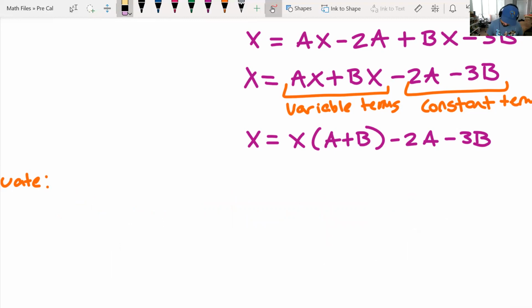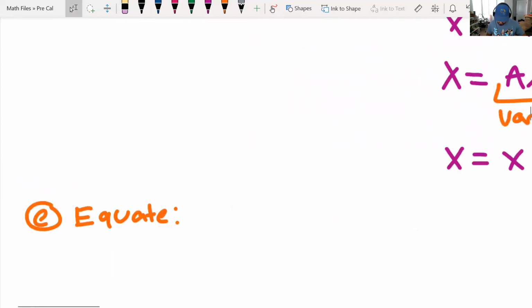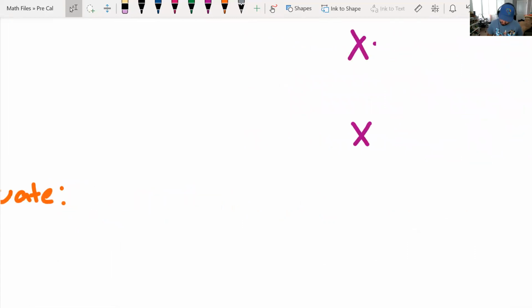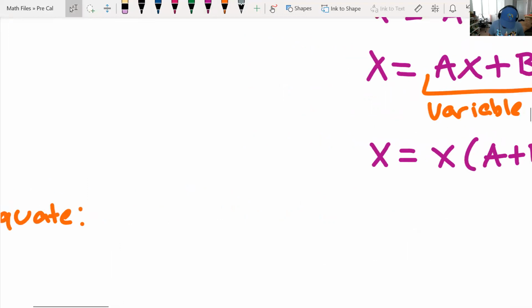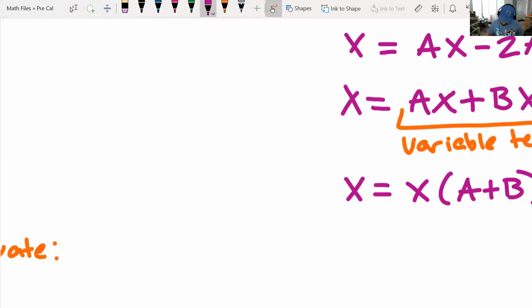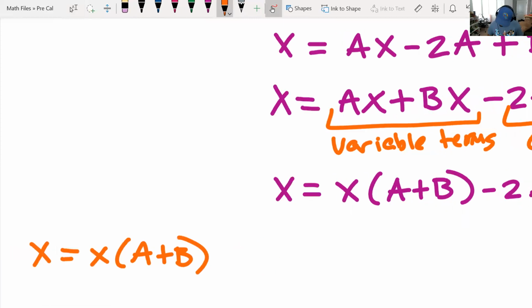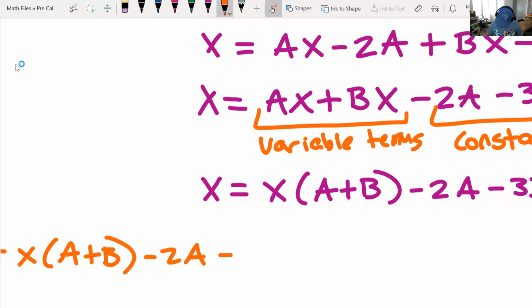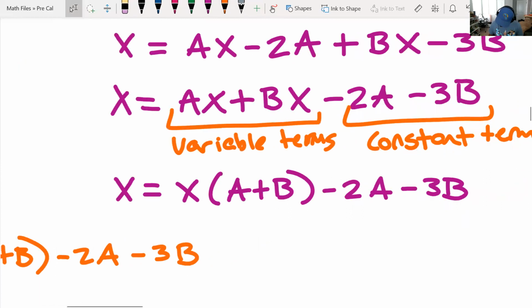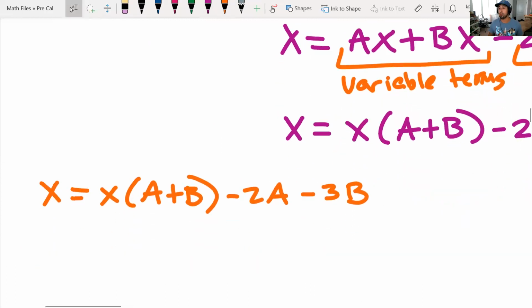All right, zoom in as much as I can. There we go. So we are equating, and actually we're in orange, right? Okay. I have rewrote everything, and now we equate like terms on the left side and right side.